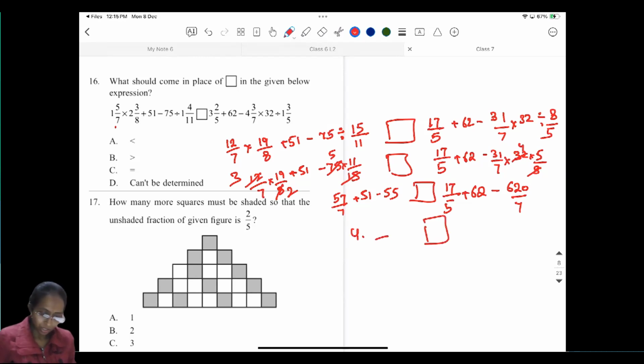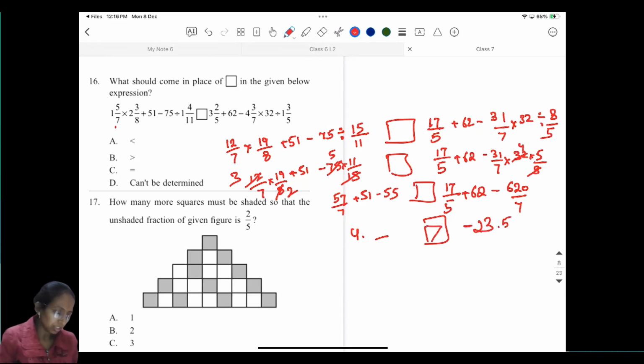Whereas my RHS, which is 620 divided by 7, this is giving us negative of 23.5 something.